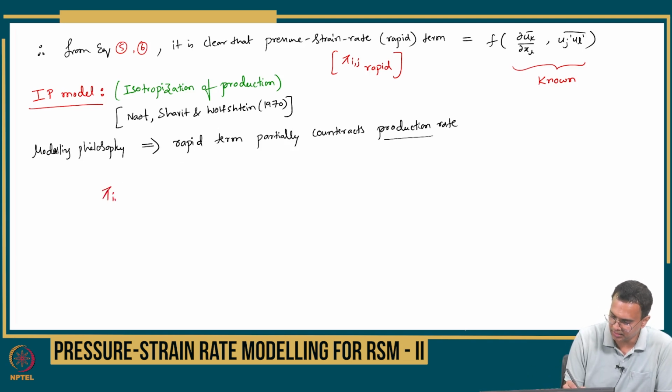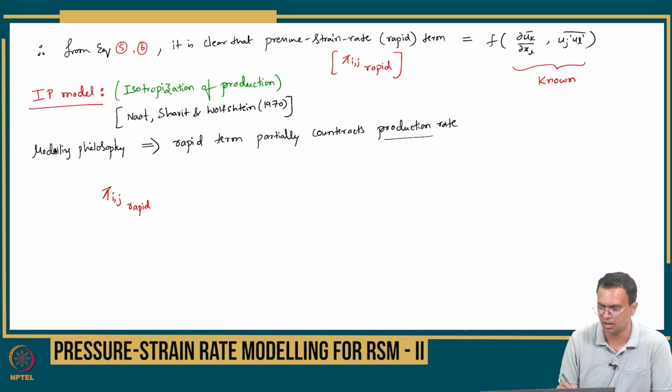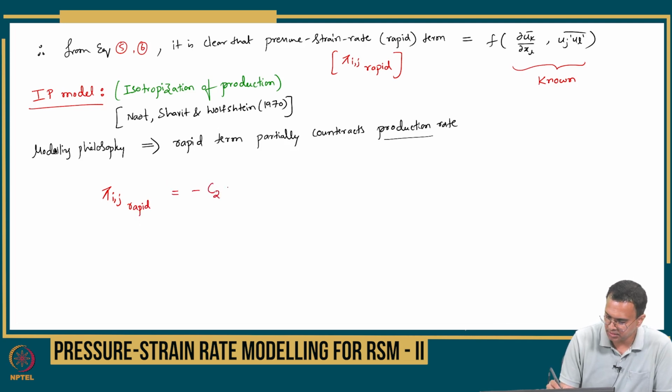So the pi ij, let us call it R, or you can say rapid also. In some literature, you will just see R as the subscript. This model will be minus C2 rho multiplied by Pij minus 2/3 Pk delta ij.